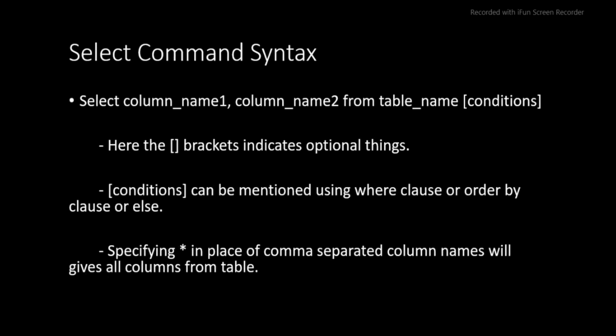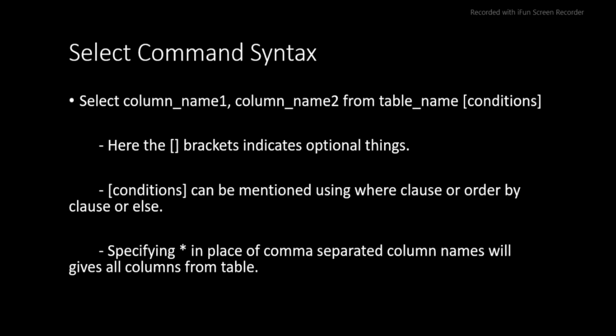This is the select command syntax. The keyword select is used to select records from a table. Select column name 1, column name 2 from table name, and the condition is in optional brackets. Here optional brackets indicate the conditions are optional.